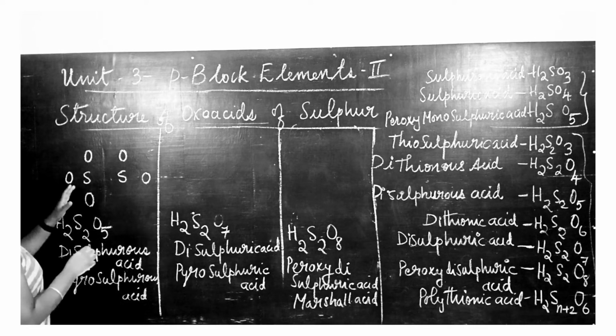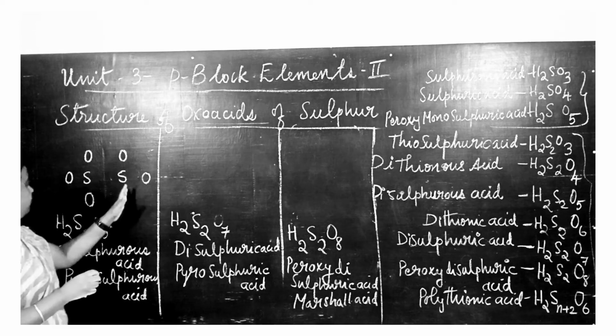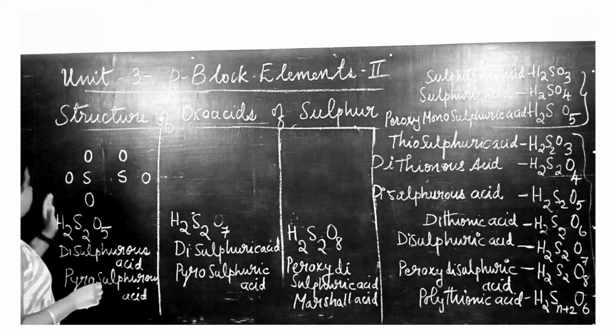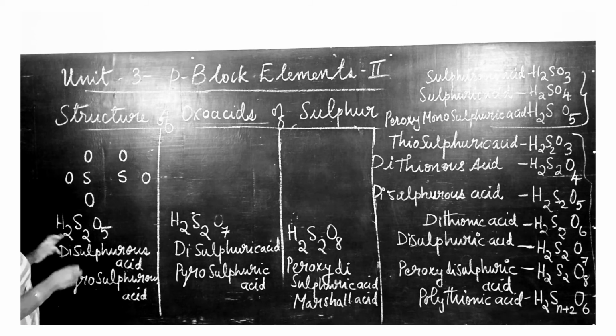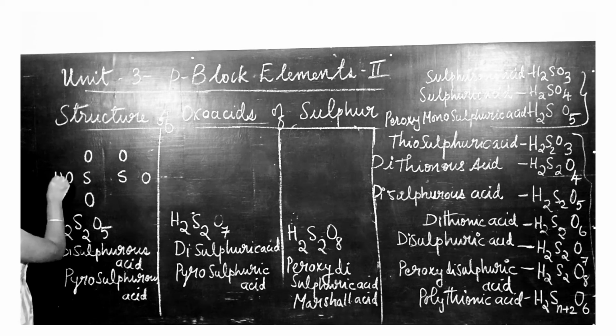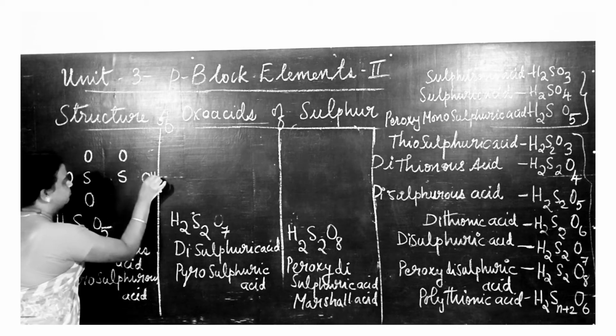One sulfur atom has 3 oxygen atoms, and another sulfur atom has 2 oxygen atoms. Now how many hydrogen atoms? 2 hydrogen atoms. So one hydrogen I give here and another one here.